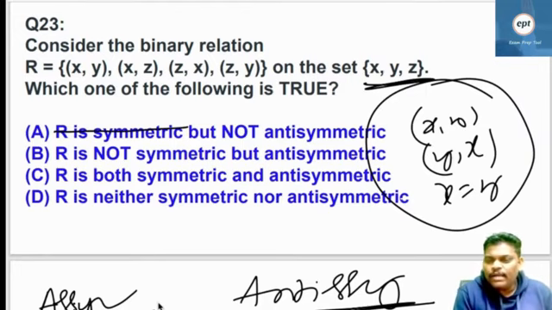Which one has more conditions, asymmetric or anti-symmetric?